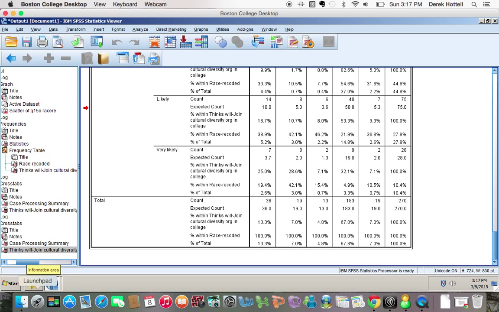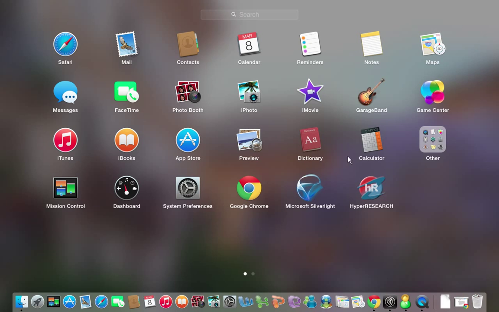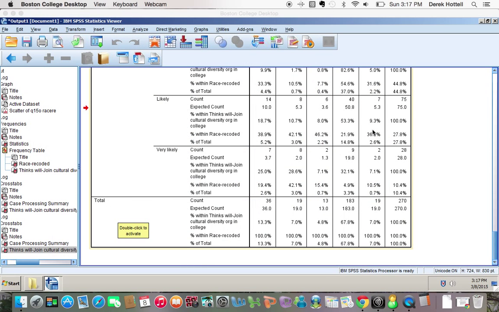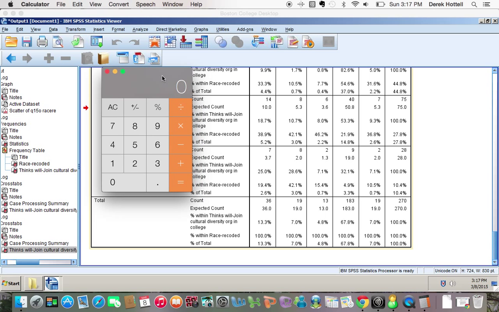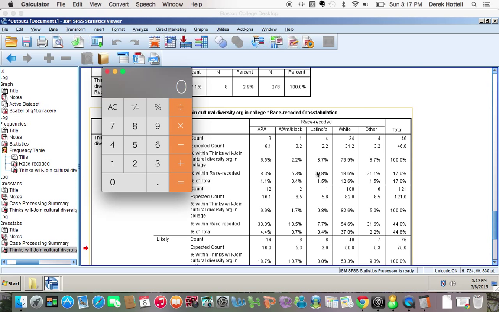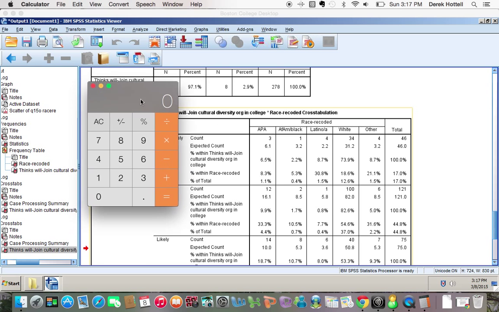And if we were to do the math on that, which we can, let's just use this one over here. So we'll say 6.1.